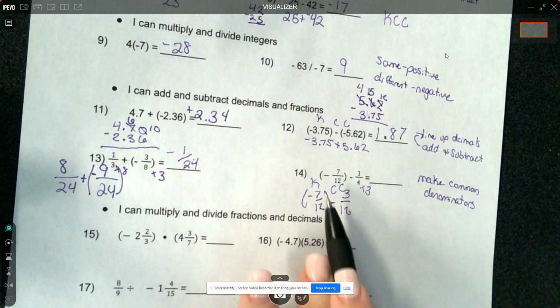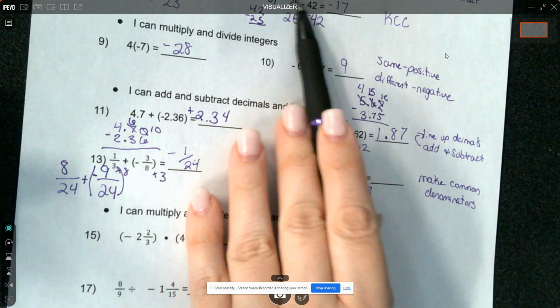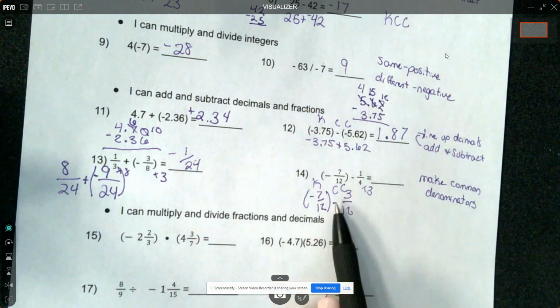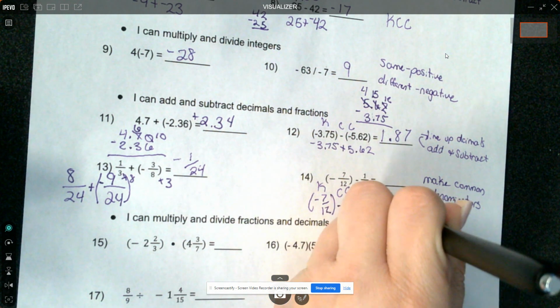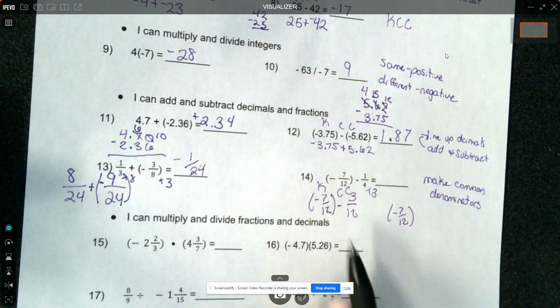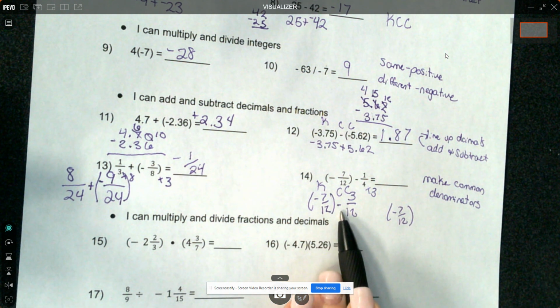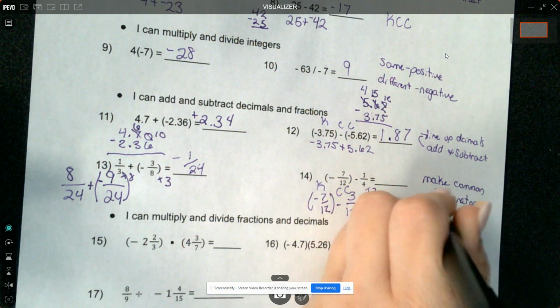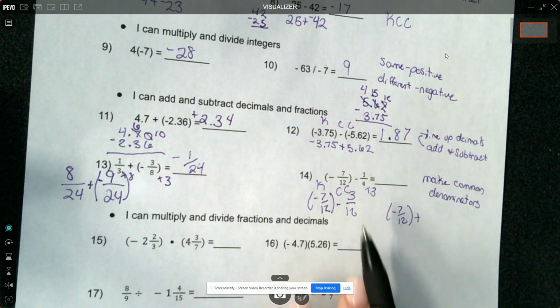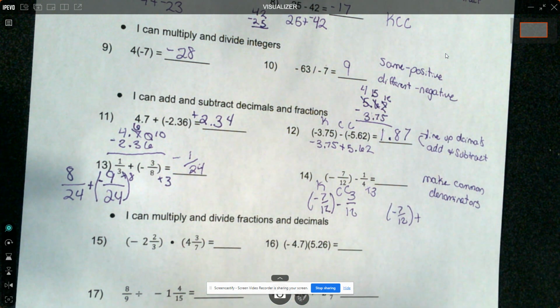No, it wouldn't be a decimal. You're doing the same thing we did up here with keep, change. So I'm keeping the negative 7/12. And what happens to the rest? It changes to addition.